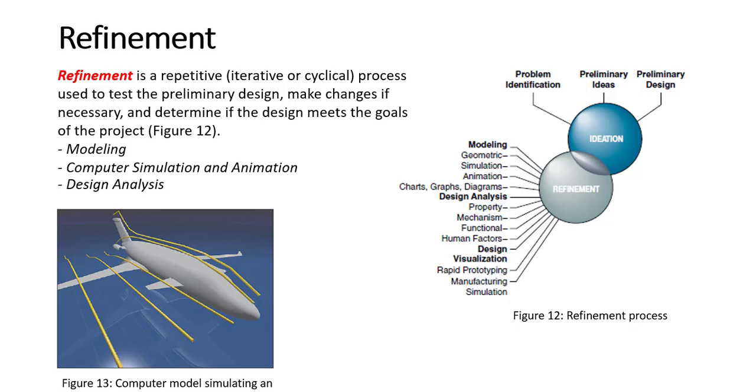The elements are used to determine if the design meets the goal set earlier in the design process. Refinement is an interactive process, which means that changes made to the design may cause elements in the refinement stage to be repeated.